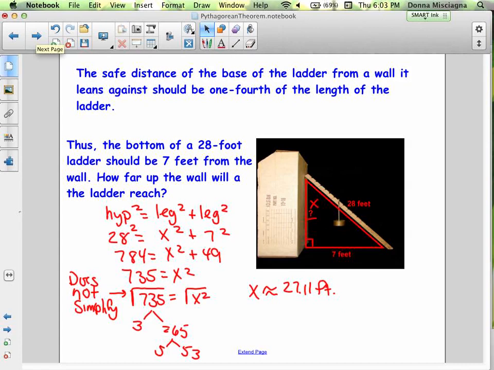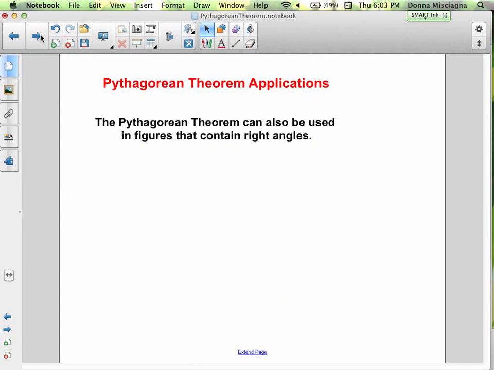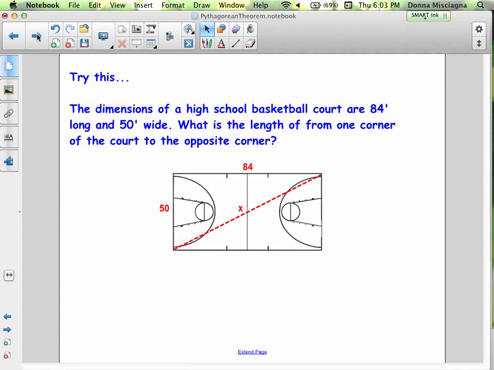Okay? And so it's not too difficult to work with Pythagorean theorem. We can have a little bit trickier problems, and that's where we have some application problems. So Pythagorean theorem can also be used in figures that contain right angles. Try this. The dimensions of a high school basketball court are 84 feet long and 50 feet wide.